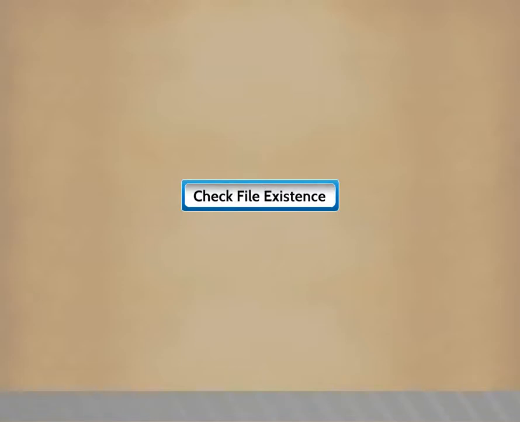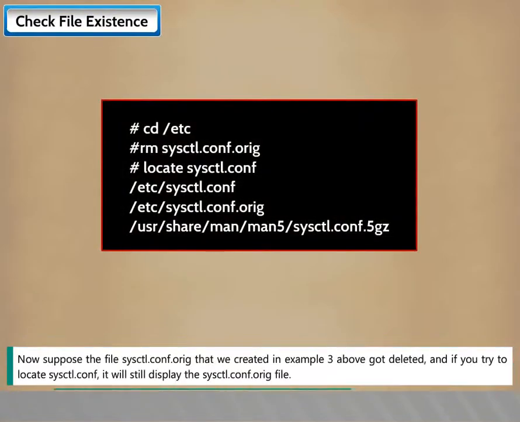Check file existence. Now suppose the file sysctl.conf.org that we created in example 3 above got deleted, and if you try to locate sysctl.conf, it will still display the sysctl.conf.org file.